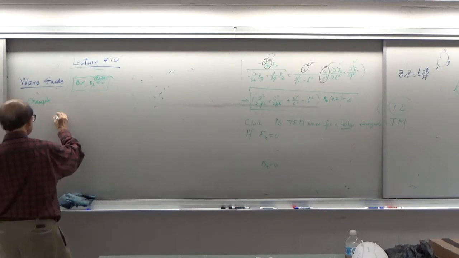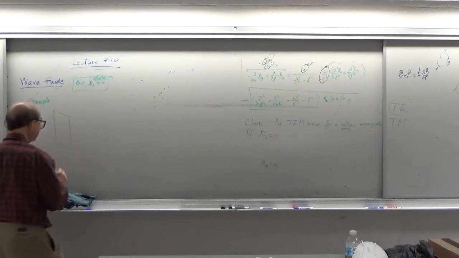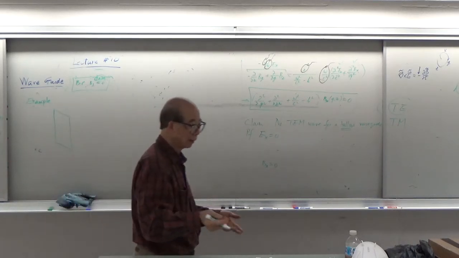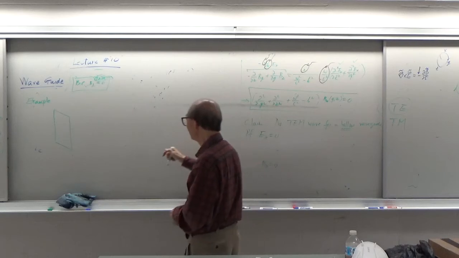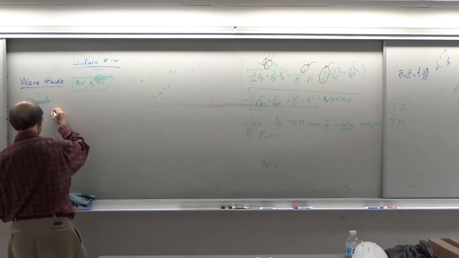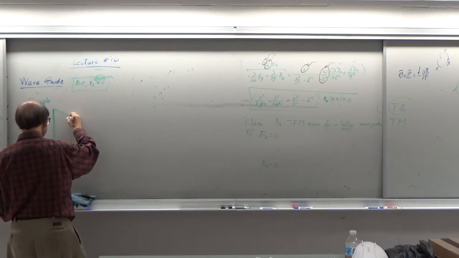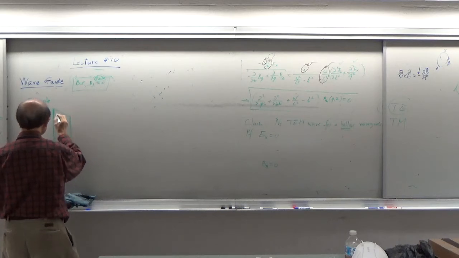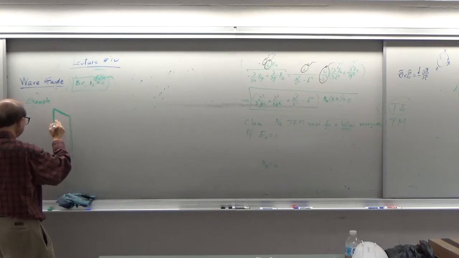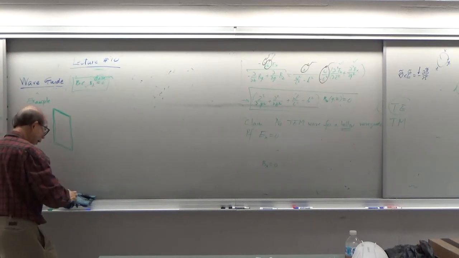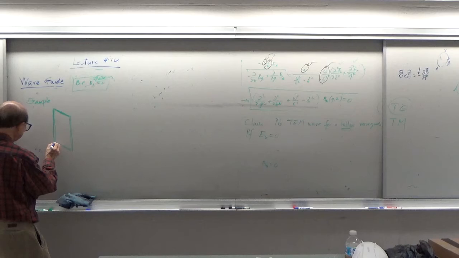is the following. Let's talk about a rectangular pipe, so that I can use Cartesian coordinates and the differential equation will be easy to solve. We have been using Cartesian coordinates anyway. So this being conductor, conductor. And let me adopt the coordinate system with the origin at the bottom here.